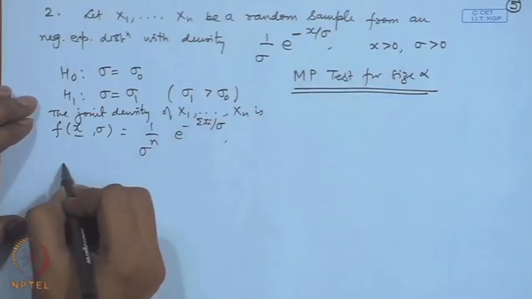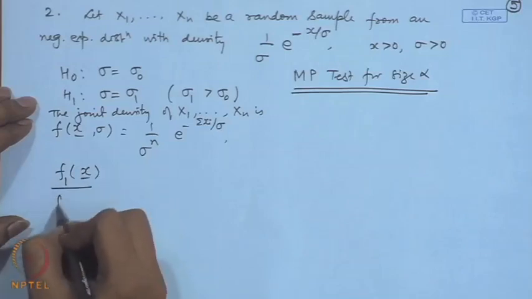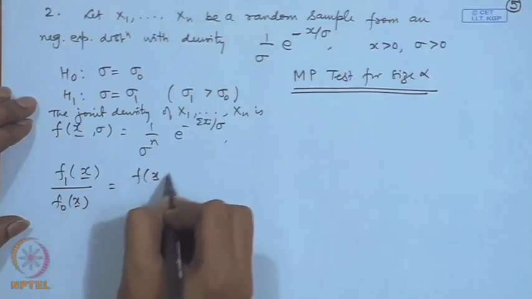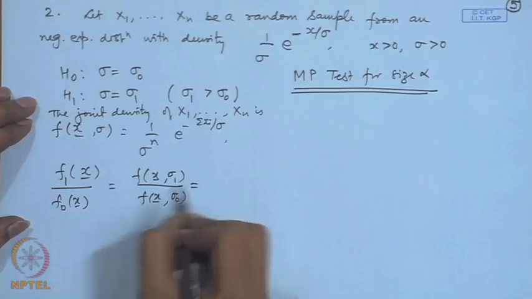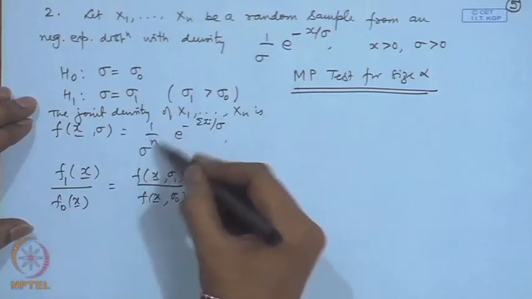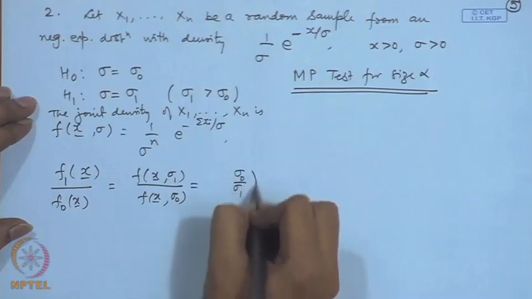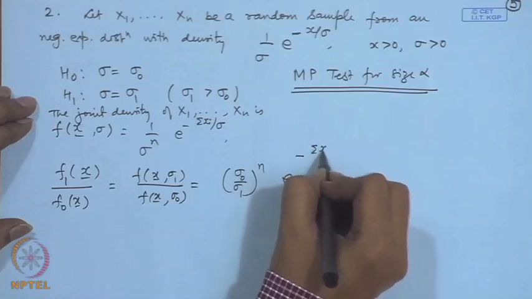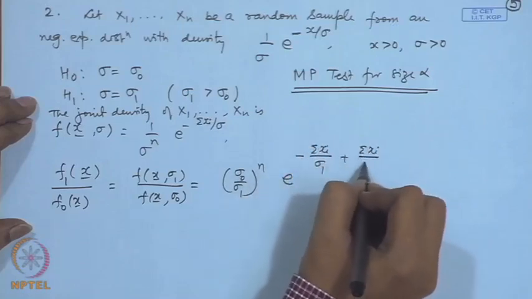Therefore, we can consider the ratio, that is f 1 x by f naught x, that is the densities corresponding to sigma 1 and sigma naught value of the parameter. So, when you write down the ratio, you will get a constant here, sigma naught by sigma 1 to the power n, and then e to the power minus sigma x i by sigma 1 plus sigma x i by sigma naught.